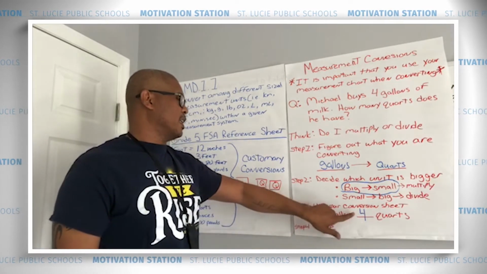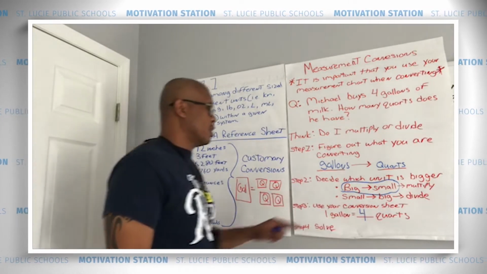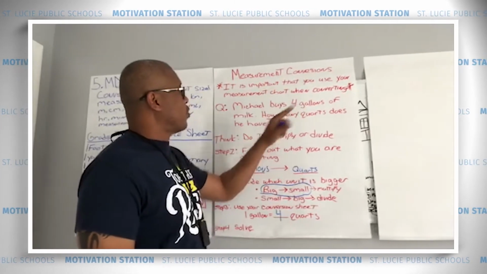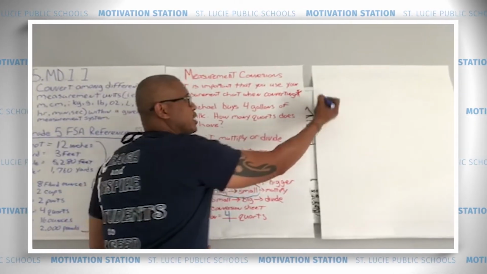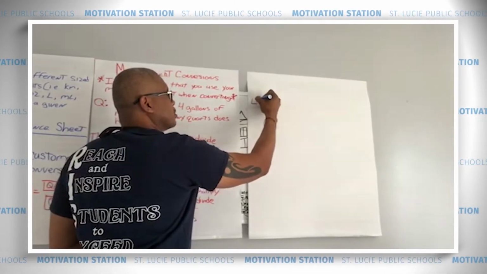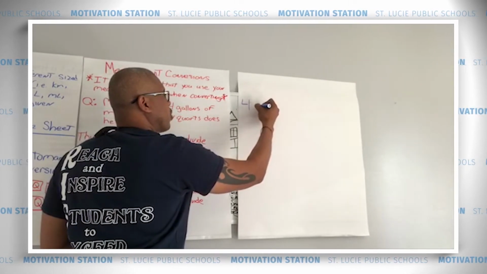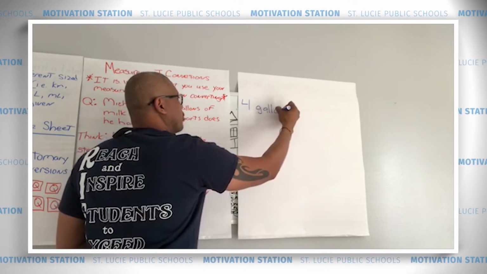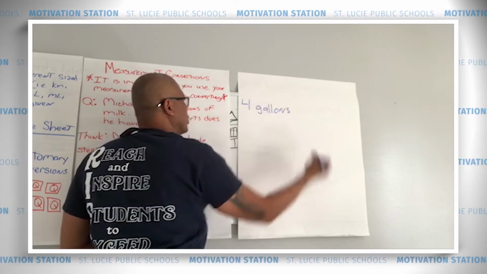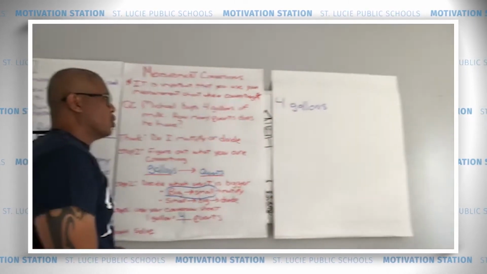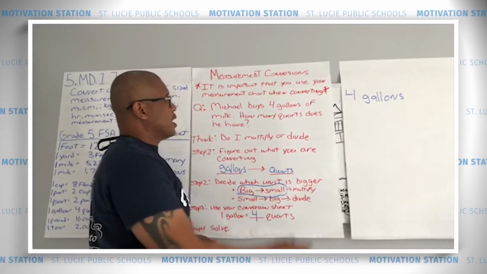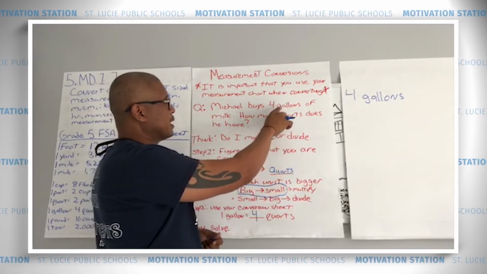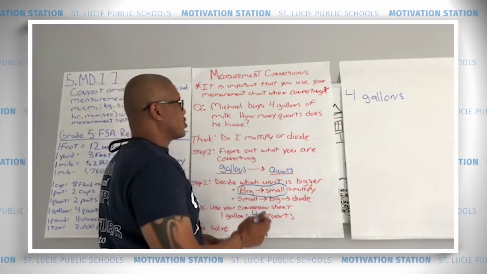So 1 gallon equals 4 quarts. The question was 4 gallons. He bought 4 gallons. Again, I'm going from a larger unit to a smaller unit, so I'm going to multiply, because it's wanting me to go from gallons to quarts.